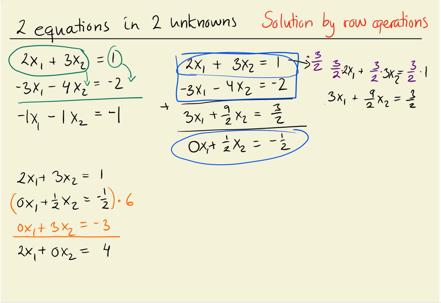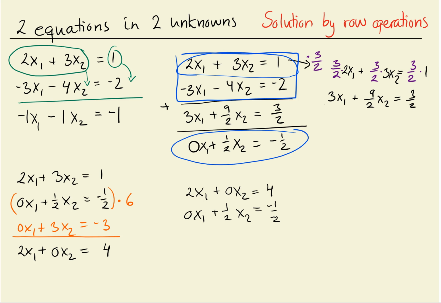So the equations I'm left with now in total are 2x1 plus 0x2 equals 4, and then 0x1 plus 1/2 x2 equals minus 2.